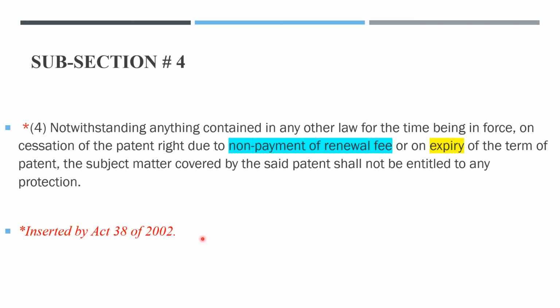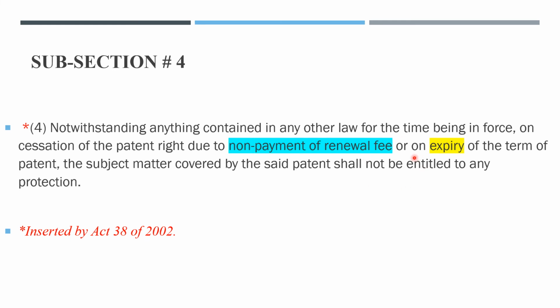So we can say here that notwithstanding anything contained in any other law for the time being in force, on cessation of the patent right due to non-payment of renewal fee. That means if the renewal fee is not paid within the prescribed time, then the cessation of the patent right occurs. That means the patent will not be under any protection.